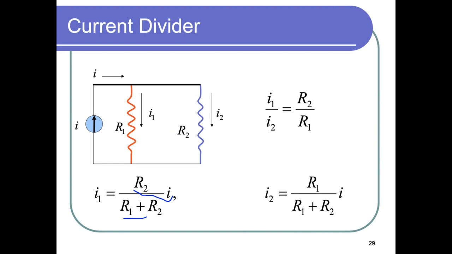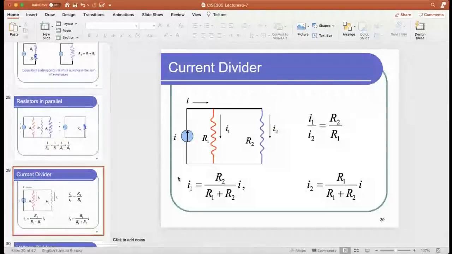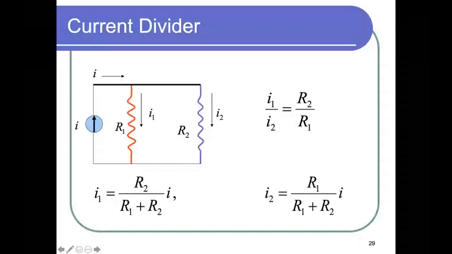We also have I2 is simply R1 multiplied by I over R1 plus R2. Let me elaborate more. You saw this in the first electric circuit course.